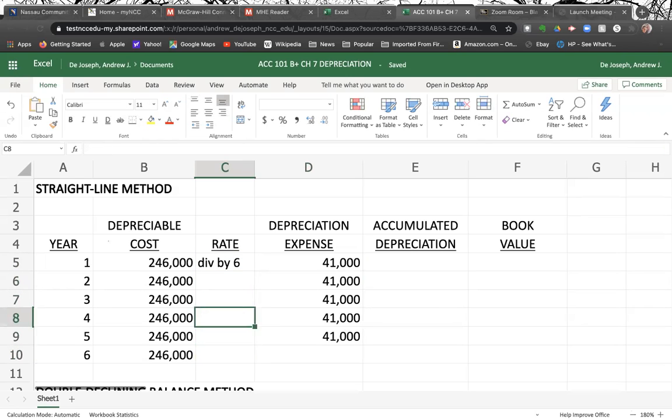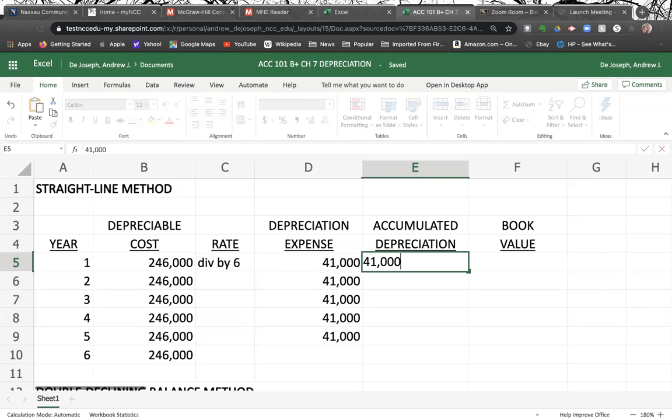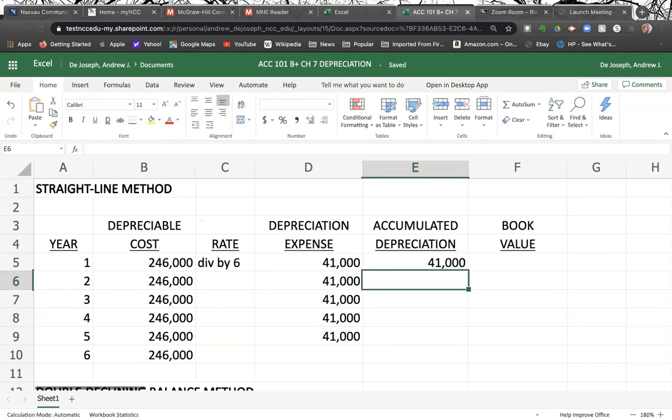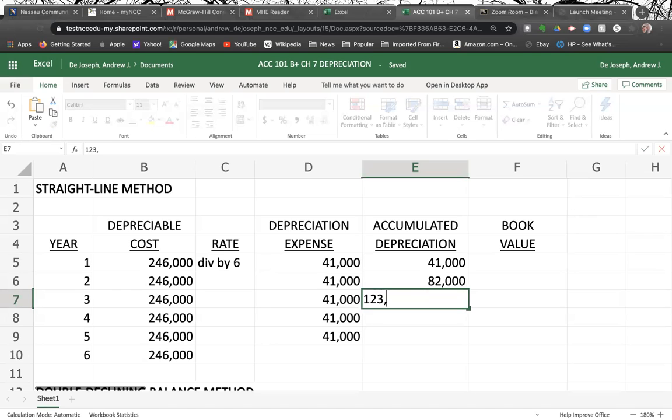So what's the accumulated depreciation? Well, 41,000 at the end of the first year. Second year, I have to add the first 2 years together. 41 plus 41 is 82. Third year, I add the 3 years together: 41, 41, and 41, which is 123.